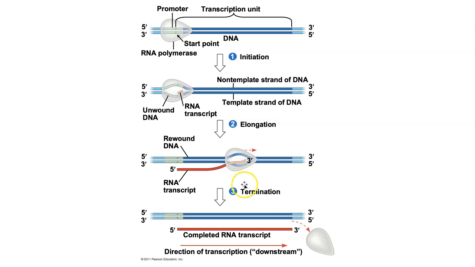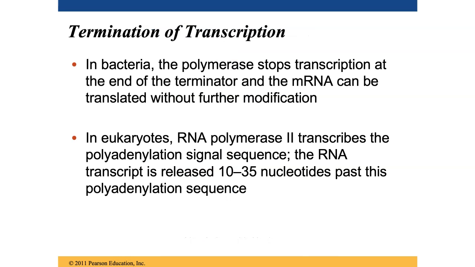So once we have elongated the strand and created the transcript of the full gene, how do we stop this process? To terminate transcription, we have two examples. One is in bacteria, so this is going to be prokaryotes, and then we'll talk about eukaryotes.